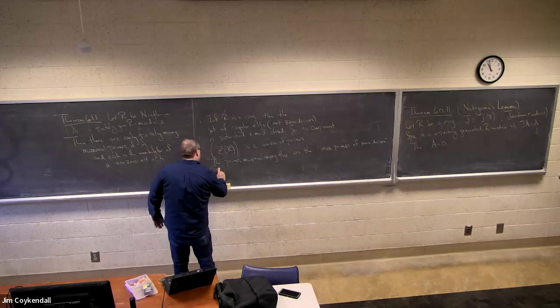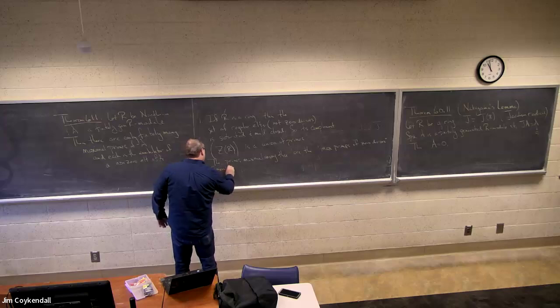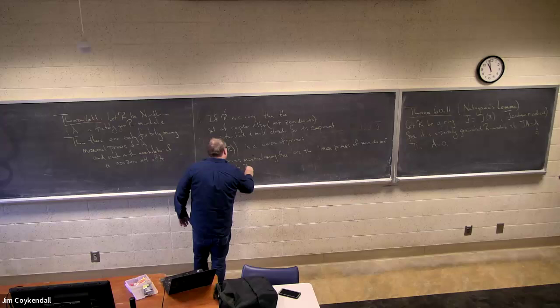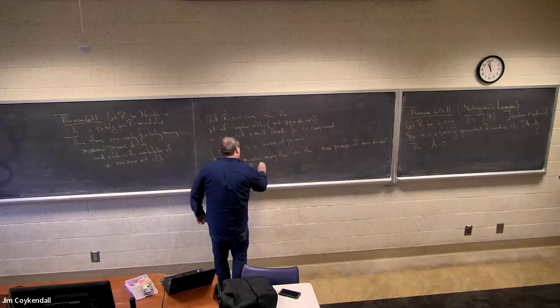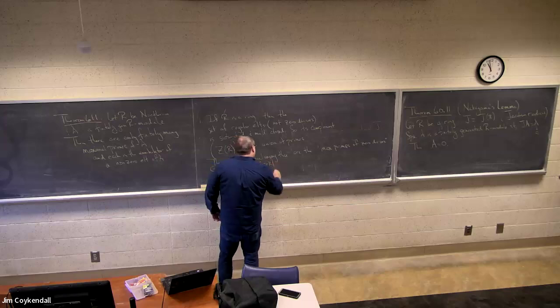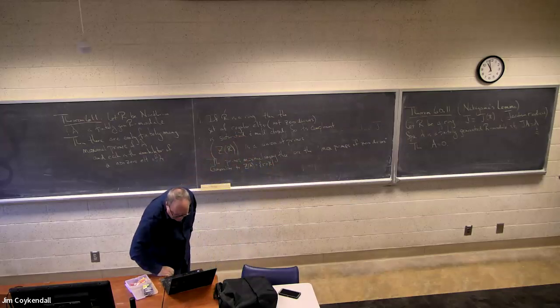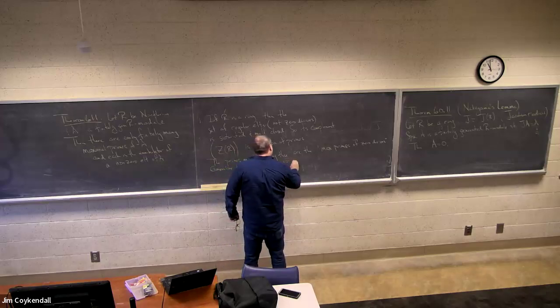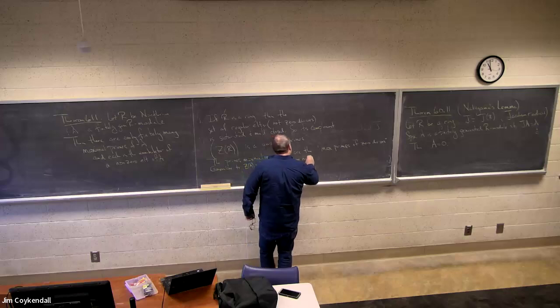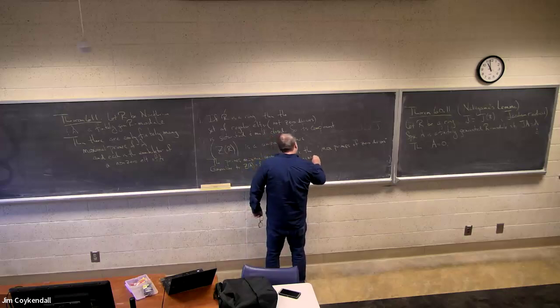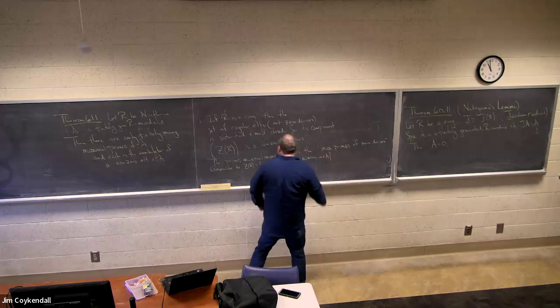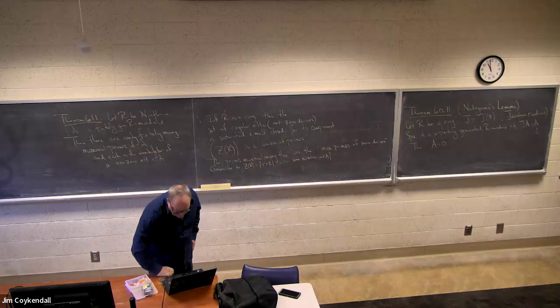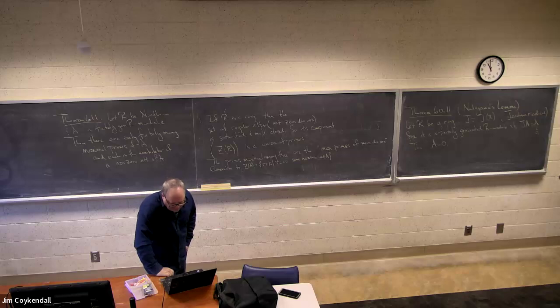Generalize to Z of A, which is the set of r in R such that ra equals zero for some non-zero a in A. We call this the set of zero divisors on A, using that suggested notion.